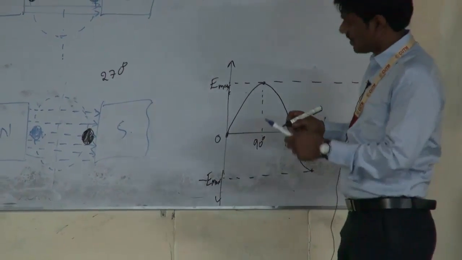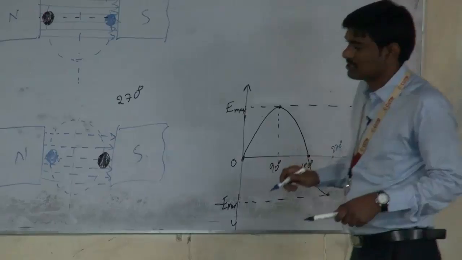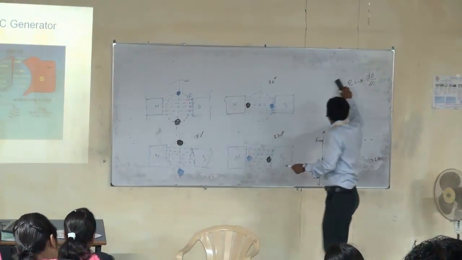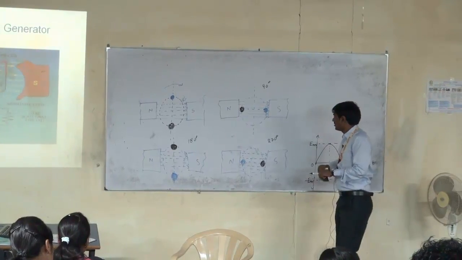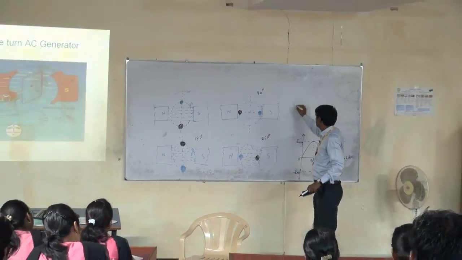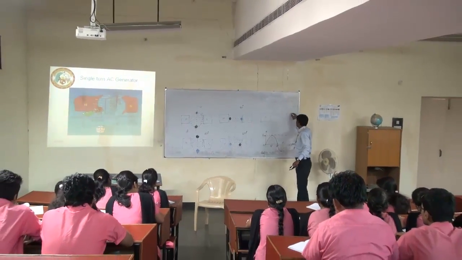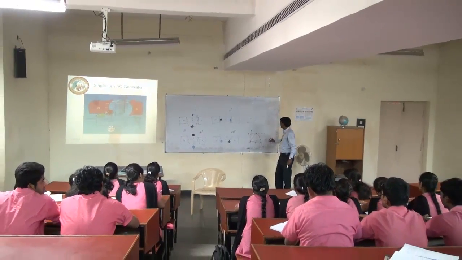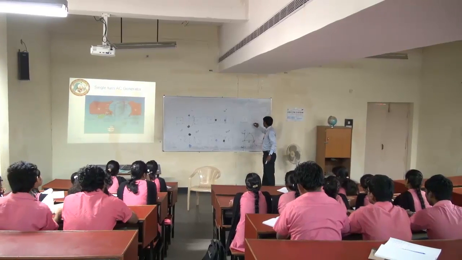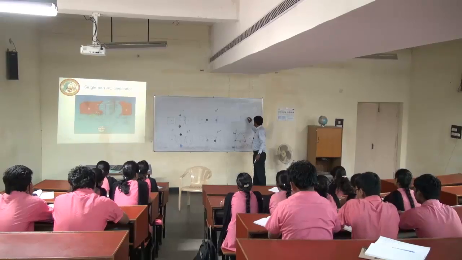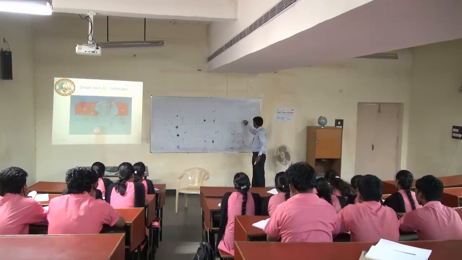So let me draw another diagram for 360 degrees. North pole, south pole. Magnetic flux goes from north pole to south pole.